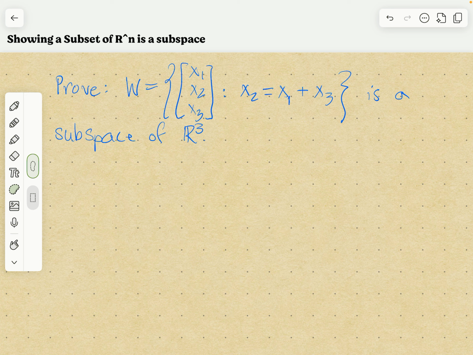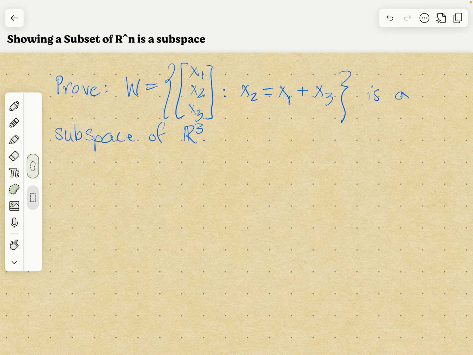And this colon means with a property that, or such that, x2 equals x1 plus x3. So the second component, x2, is equal to the sum of the first component and the third component. If you have a vector in R3 such that the second component is equal to the sum of the first and third component, then it's in W by definition, and otherwise it's not in W.